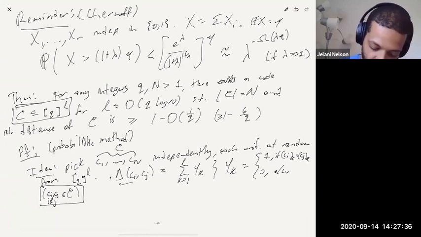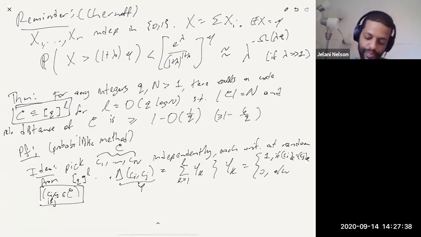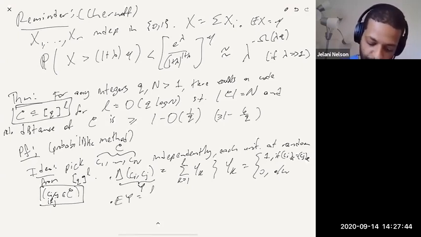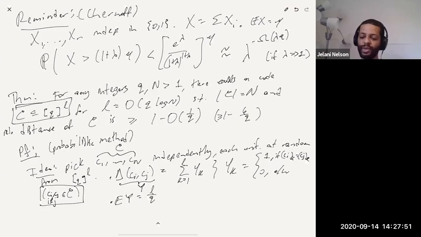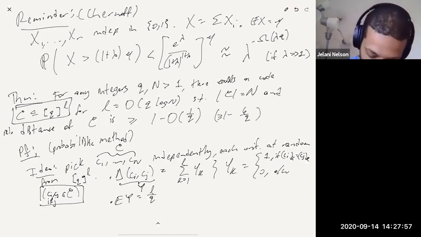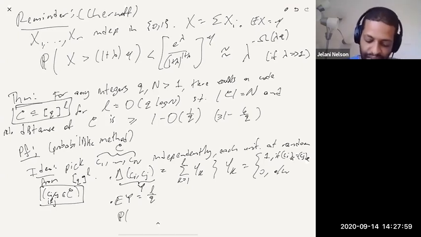So what do I expect capital Y to be? Well, this is just L over Q, because each yk is 1 with probability 1 over Q and 0 otherwise, if these things are uniformly at random and independent.